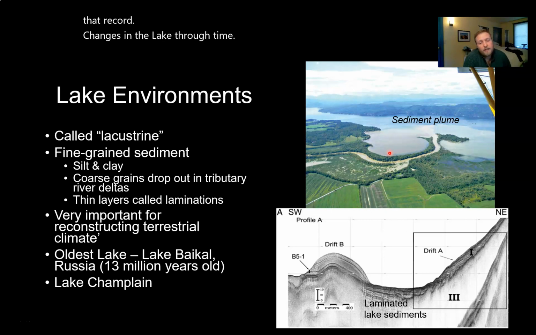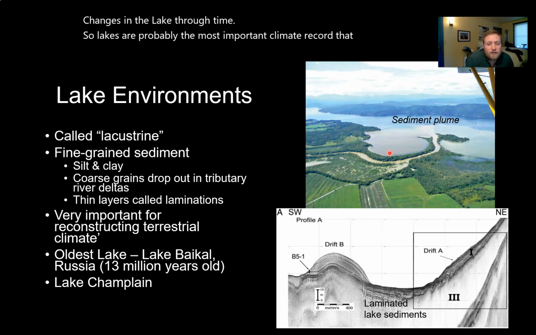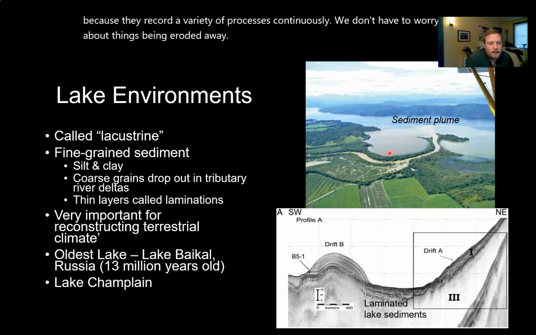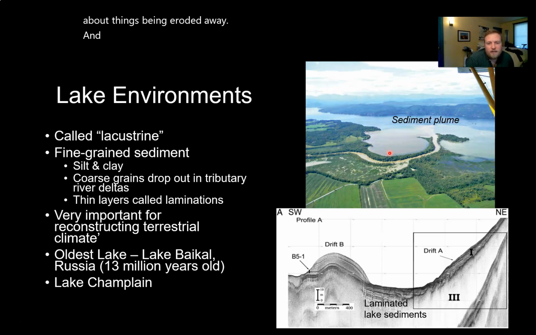So lakes are probably the most important climate record that we have on land because they record a variety of processes continuously. We don't have to worry about things being eroded away. And we have lake sediments that we can look to from different parts of the geologic record, right?